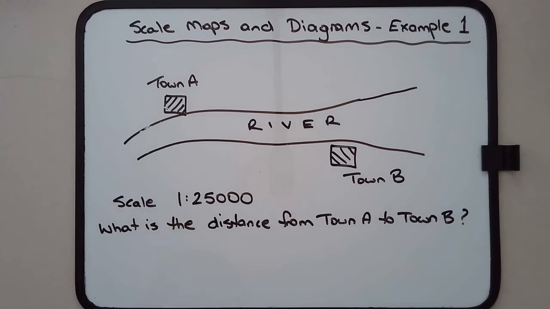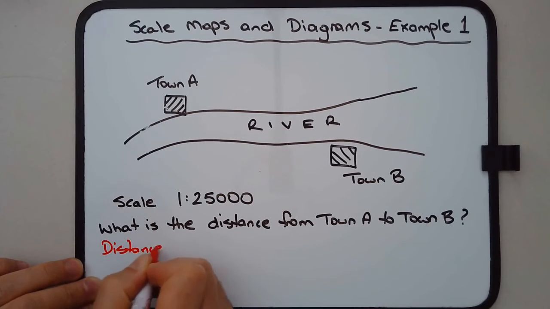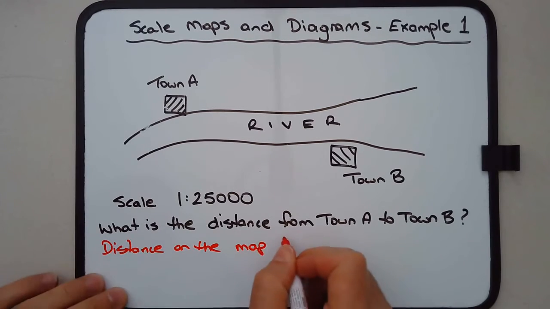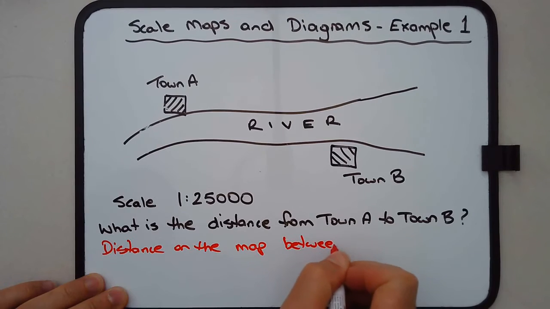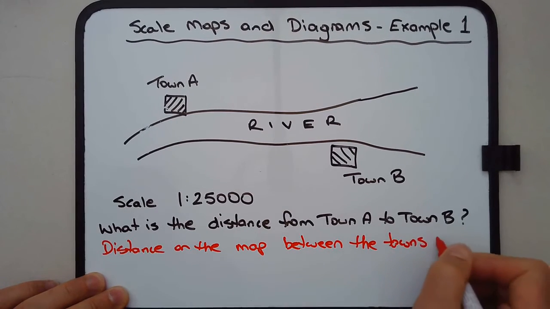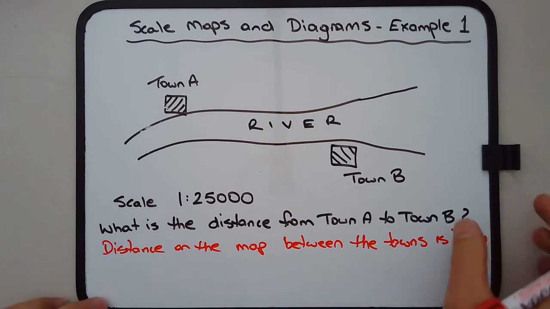I'll just do the solution in a different colour. The distance on the map is 13 centimetres.